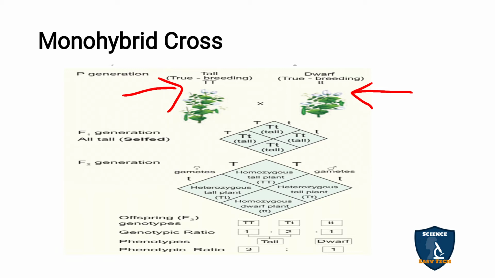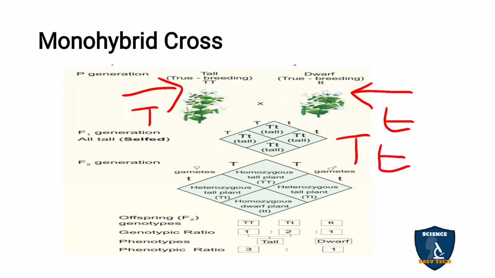Okay, how does the law of dominance come in here? See, during gamete segregation, you get capital T here and small t here. Both are crossed. In the F1 generation you get capital T, small t, but the F1 phenotype is tall.